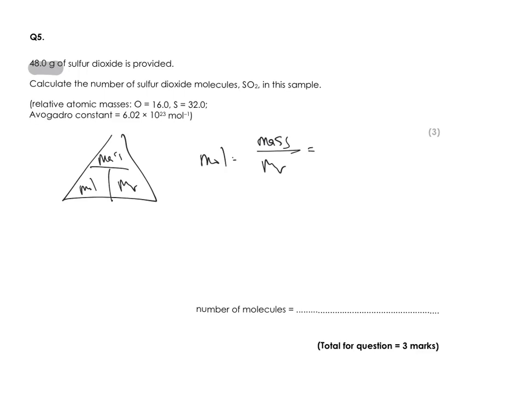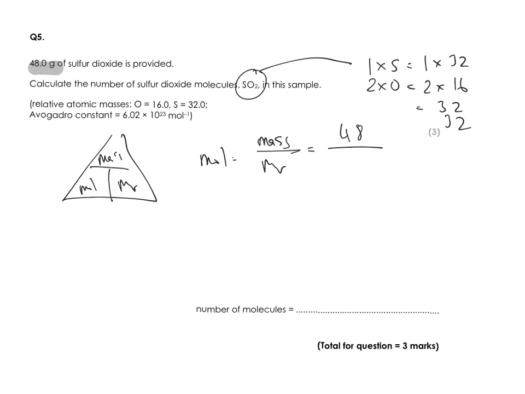So our moles equals mass divided by the relative mass, which equals 48, divided by, we've got to work out the MR of this, so we've got 1 times sulfur and 2 times oxygen, which is 1 times 32, and 2 times 16, which is 32 plus 32, which is 64, so it's 48 over 64, which is 0.75.